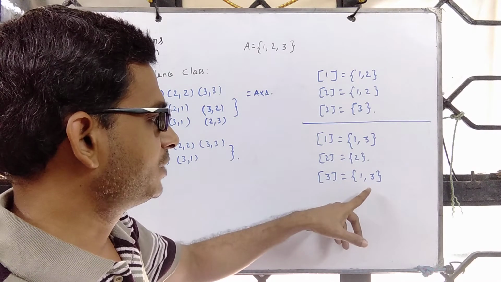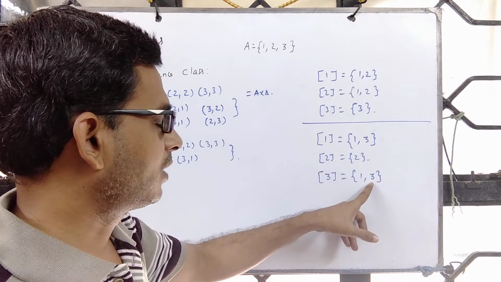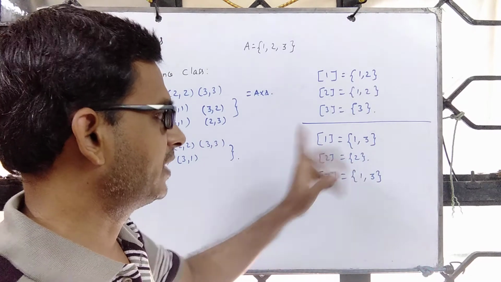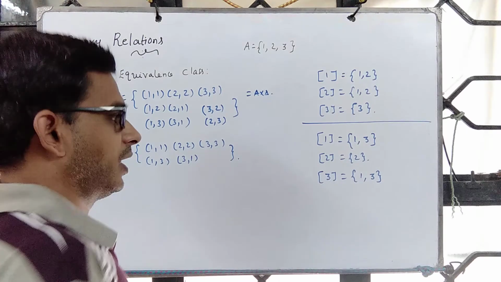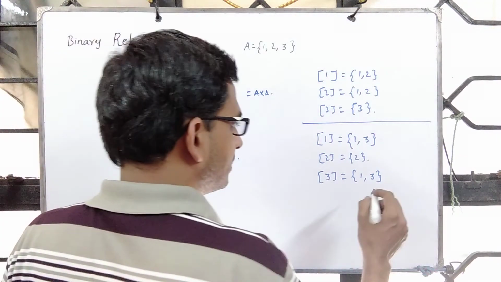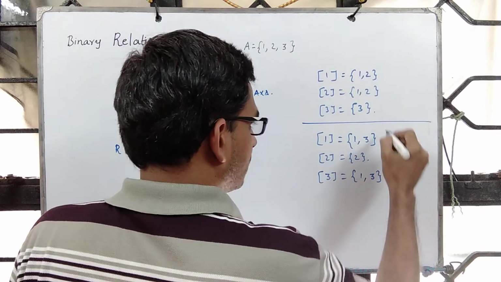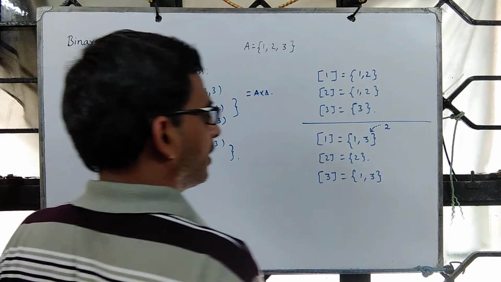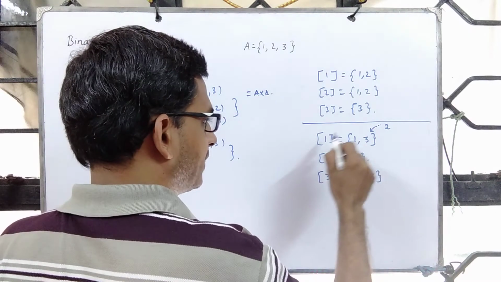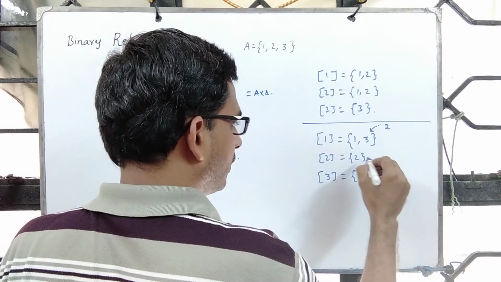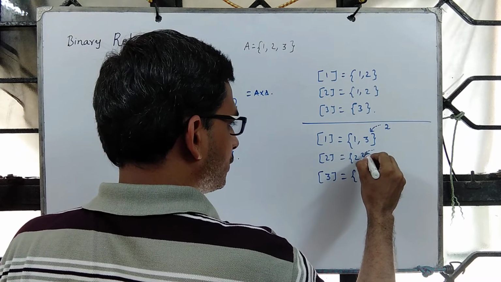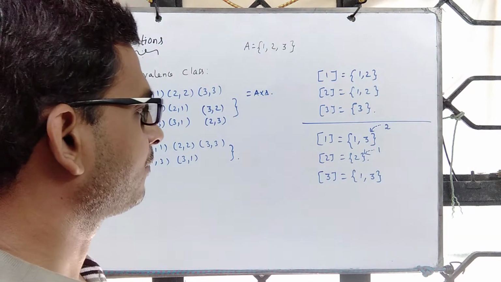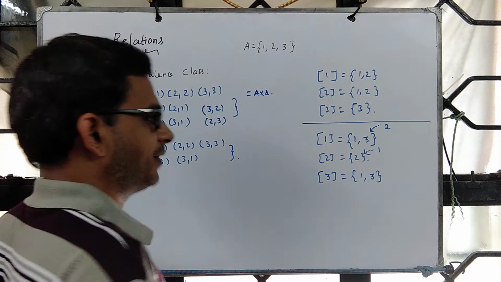Now you see that 1 is present in 3 and 3 is present in 1. And the other part is this. So if you bring 2 inside, what happens? 2 is present in this, so therefore you will be forced to include 1 here. Okay, fine.